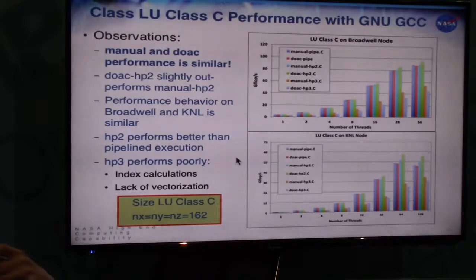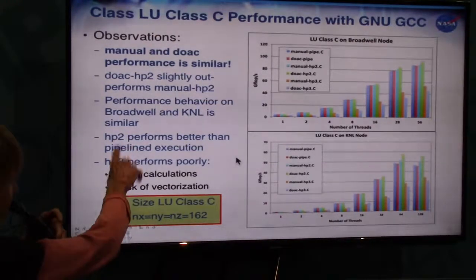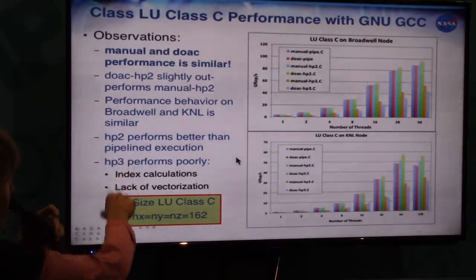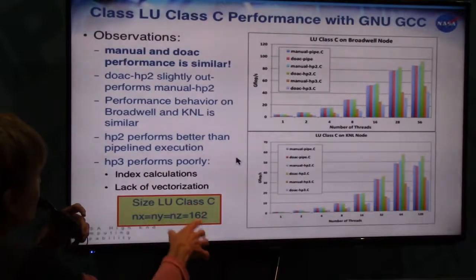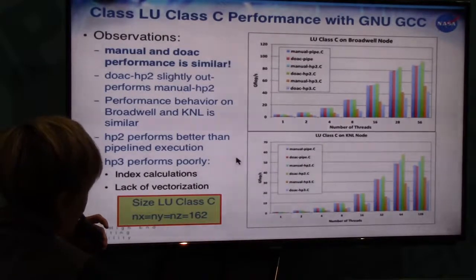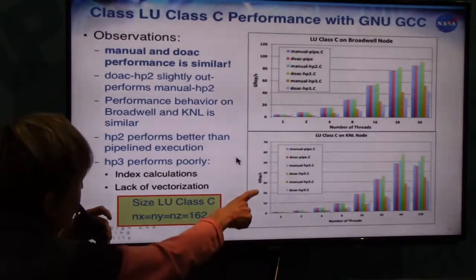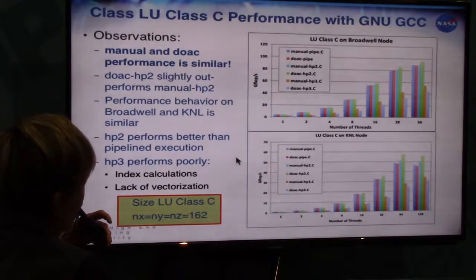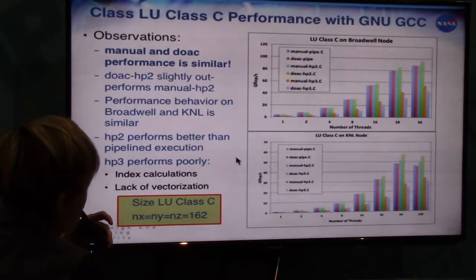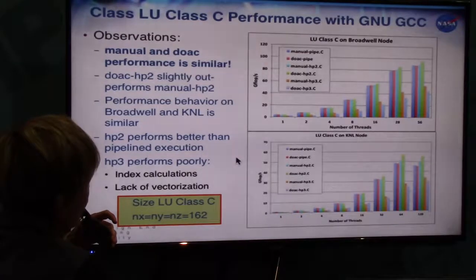For us, it's just important that manual and Doacross are the same. There are long papers written about why hyperplanes perform better than pipelined in most cases. I should say that these timings were obtained for the Class C benchmark, which has size 162.